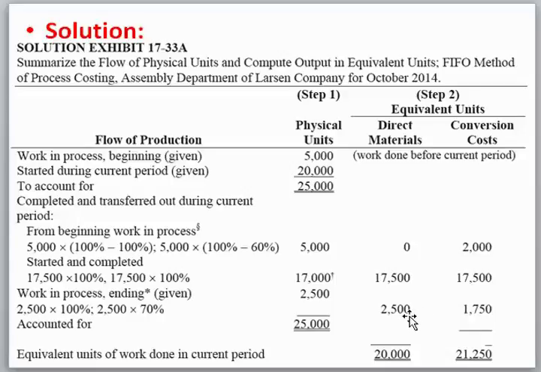So the equivalent units of work done in the current period for the direct material, 17,500 plus 2,500, will be 20,000. And for the conversion cost, 2,000 plus 17,500 started and completed units plus the ending work in process, which is 1,750, the total equivalent units will be 21,250.